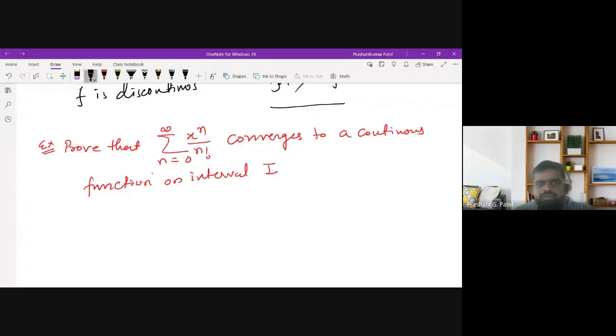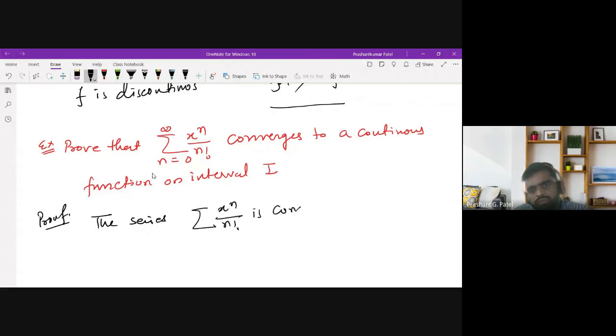So here the series summation x raised to n upon n factorial converges pointwise to the sum function f(x) on R. Why?